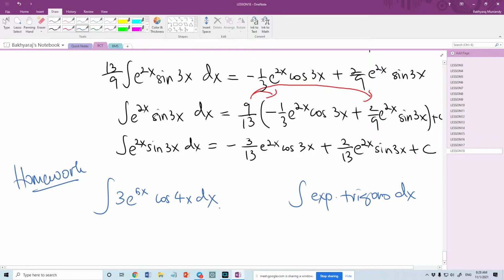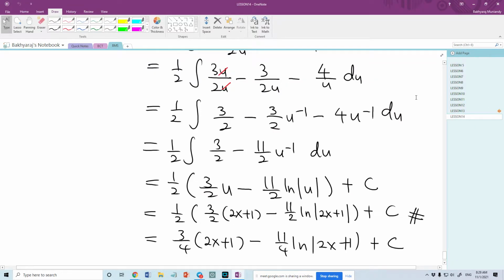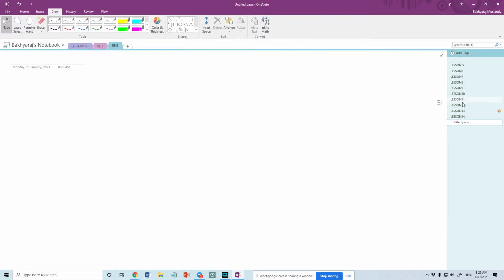Okay, now I'm going to proceed for the partial fraction integration by using partial fraction. Okay, so we're going to continue with partial fraction today.